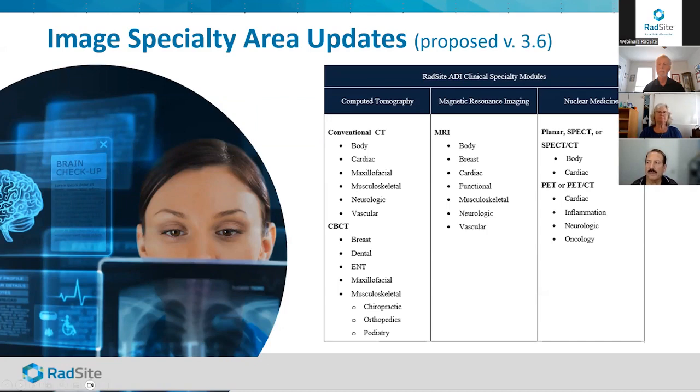And so one of the interesting comparisons between conventional CT and cone beam is that in conventional, one has physics standards that cut across all of the different CT systems.